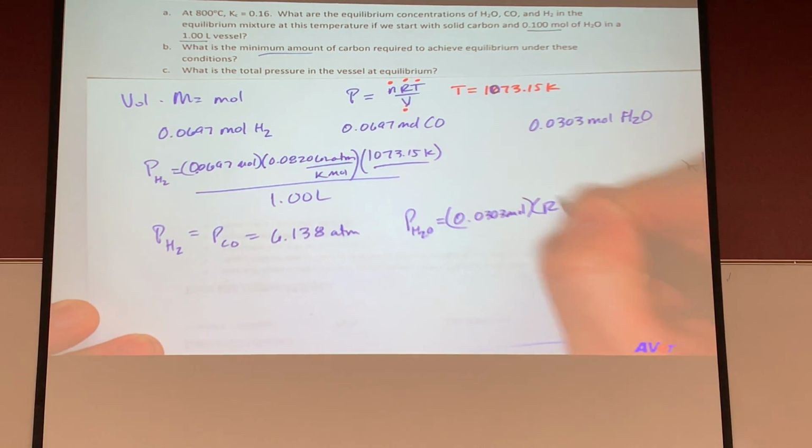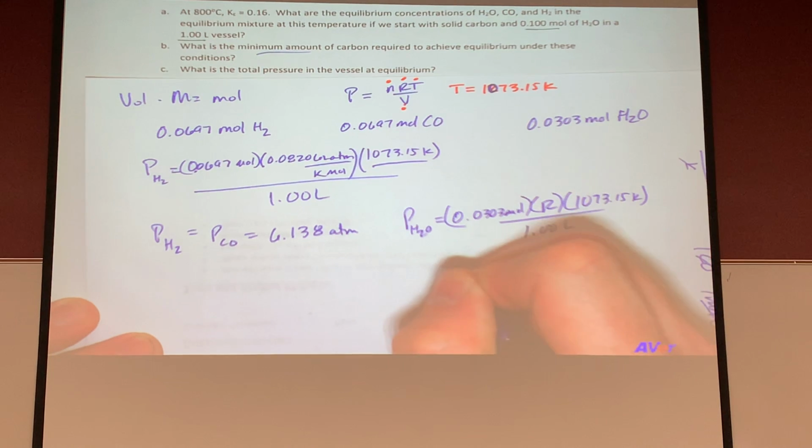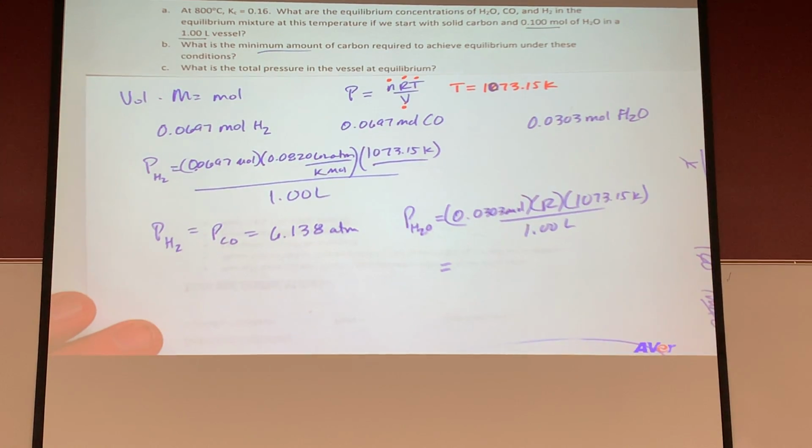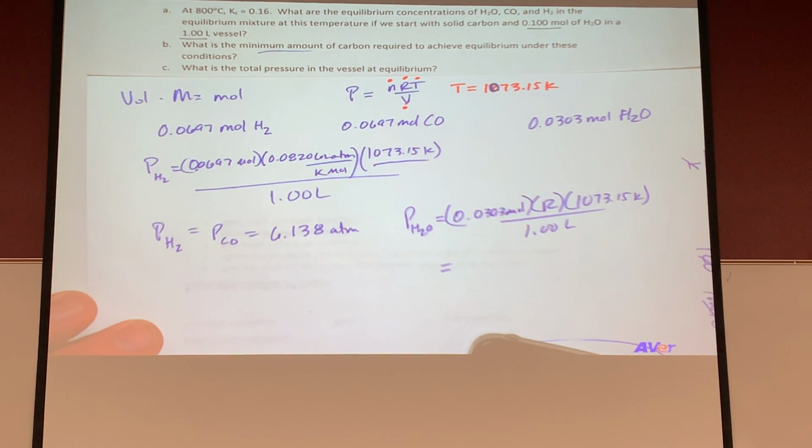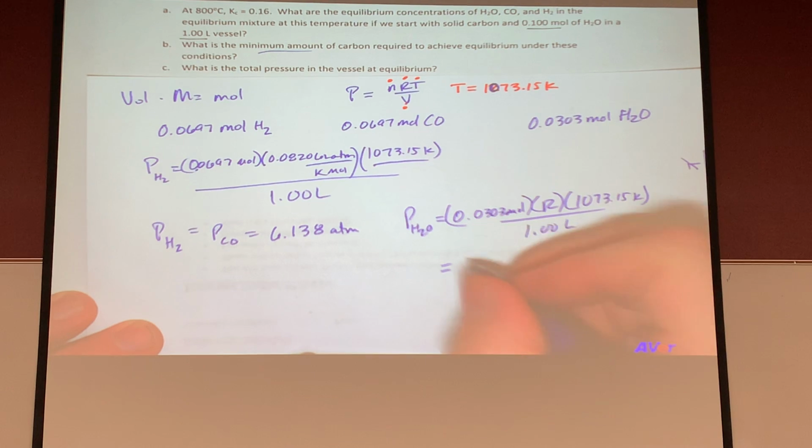I'm just going to write R. Rose, if you have that one. 0.0153. I think. I got 2.67.